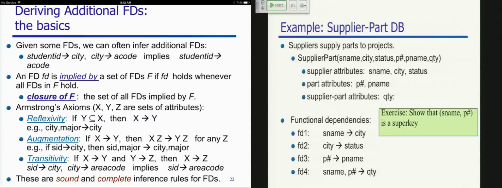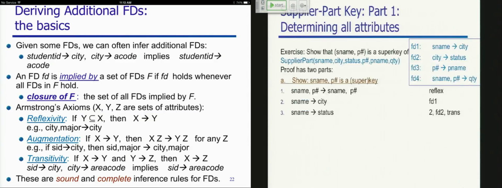So the subset could be... Right. So let's see. S name and P number can give you S name and P number by reflection.